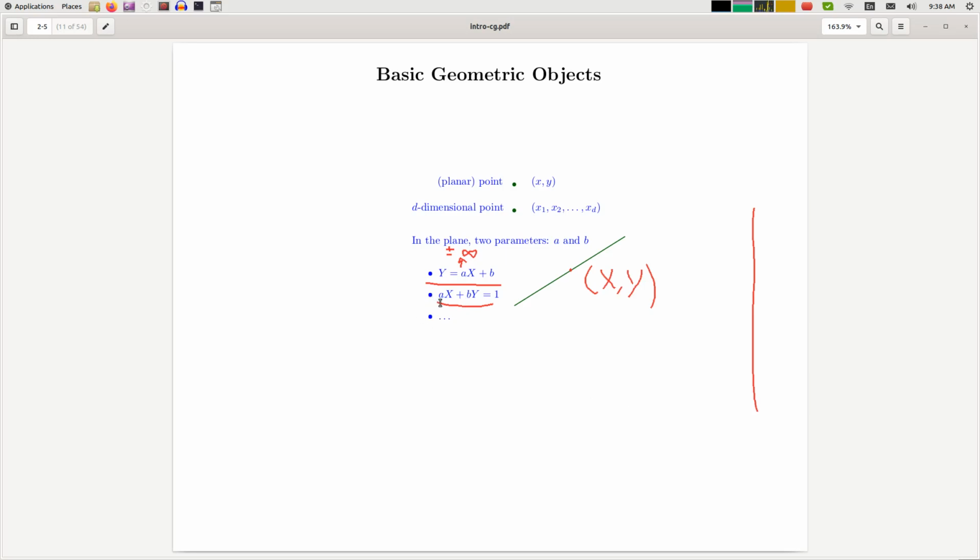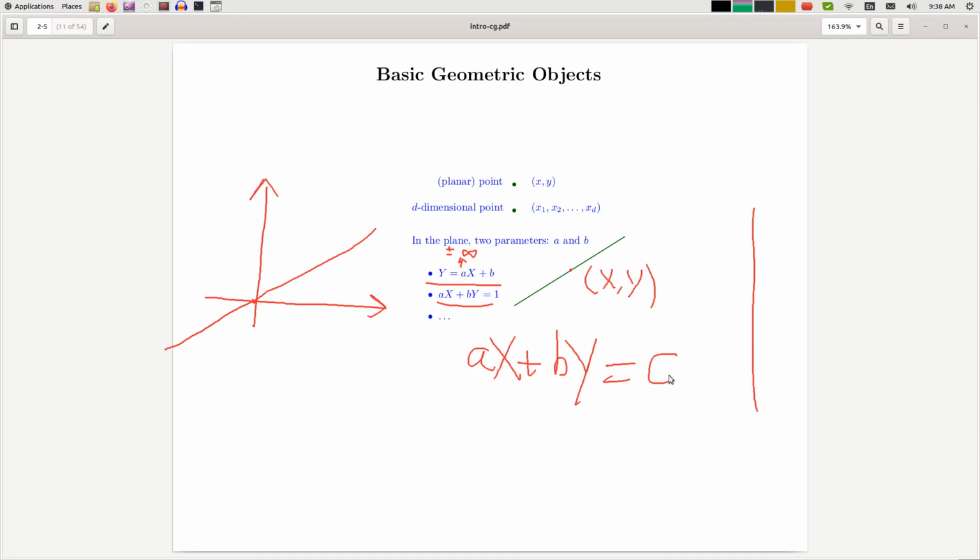over a. So if you think for a moment, is there any line that you cannot represent with this formula? Maybe pause the video and think about this. The answer is the lines that go through the origin. A line that goes through the origin of the coordinate system cannot be represented by this formula. The most general way to represent a line is ax plus by equals c, with 3 parameters.